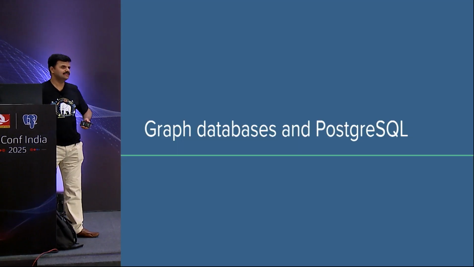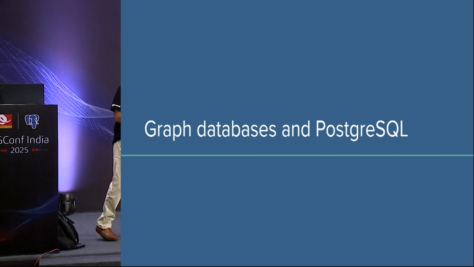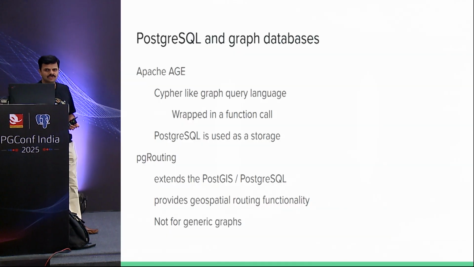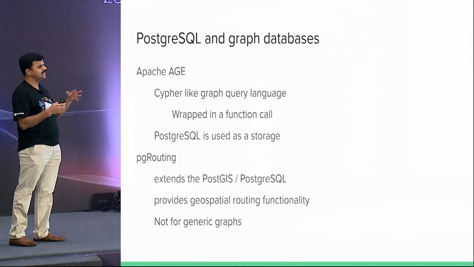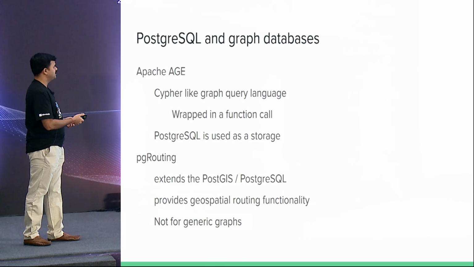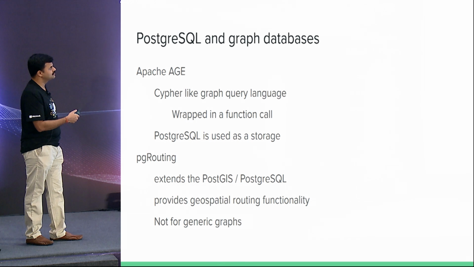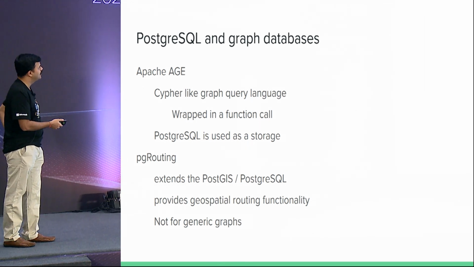Well, that's what SQL PGQ is about. This is a PostgreSQL conference, so in PostgreSQL, there have been attempts to bring graph databases to PostgreSQL. One of the famous extensions is Apache AGE, which is the successor of AgensGraph, which was a fork of PostgreSQL.